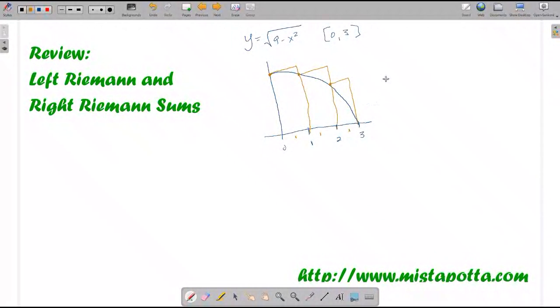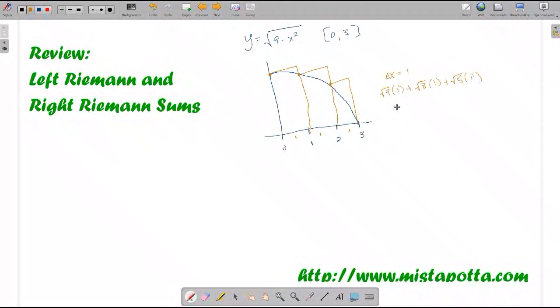In fact, I could actually say that my delta x here is 1. And so because I'm doing base times height, I'm doing the square root of 9 times 1 plus the square root of 8 times 1 plus the square root of 5 times 1.